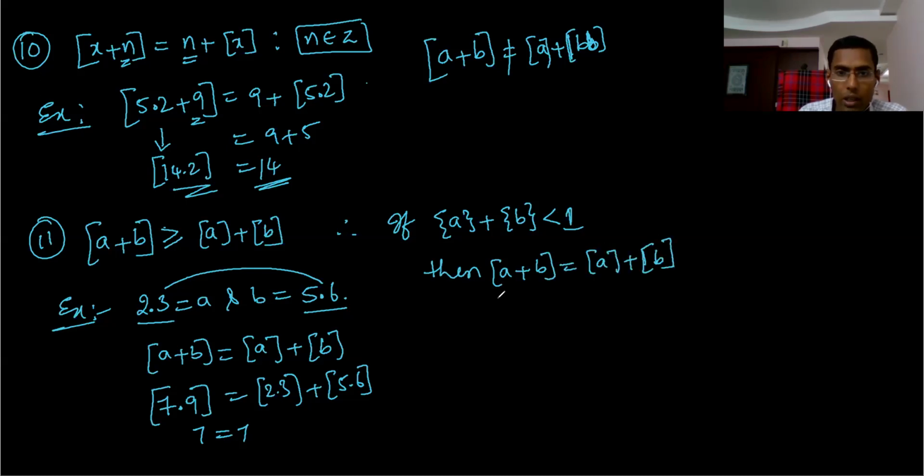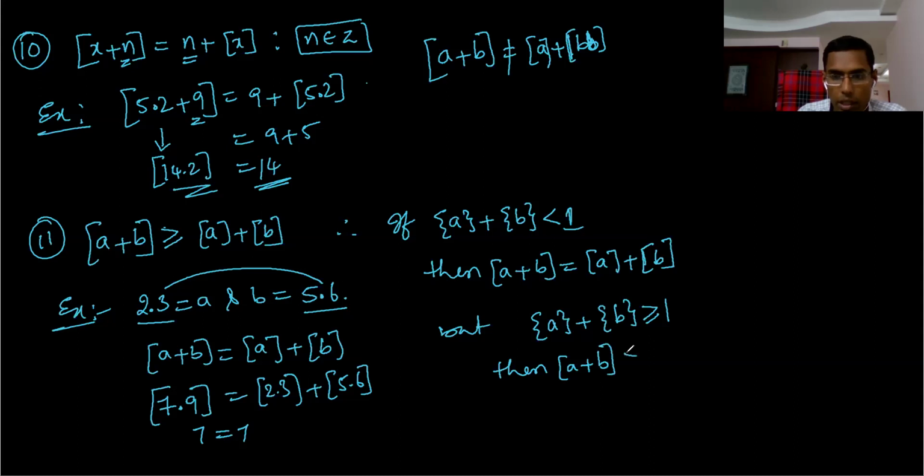But if the fractional part of a plus the fractional part of b is greater than or equal to 1, then the integral part of a plus b is greater than the integral part of a plus the integral part of b. You get this. But if we have an integer inside the integral part, you can always keep it aside.